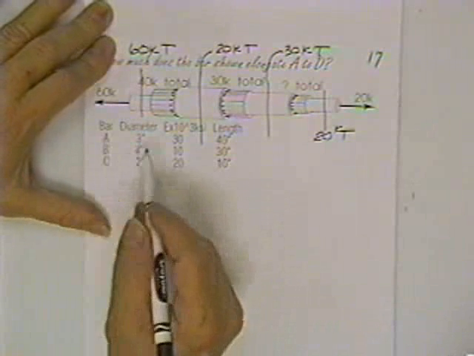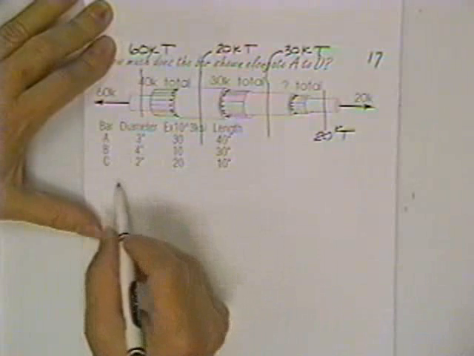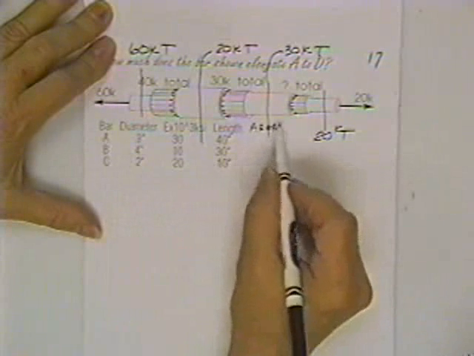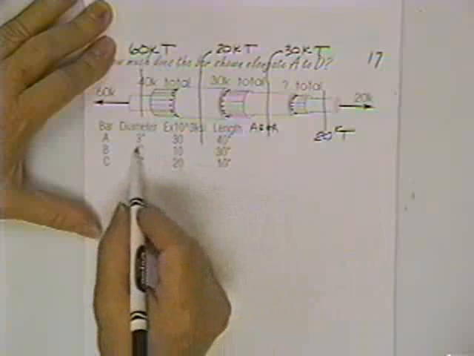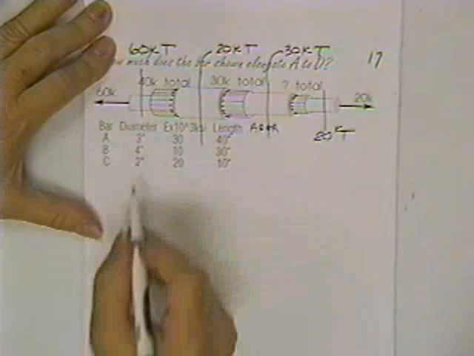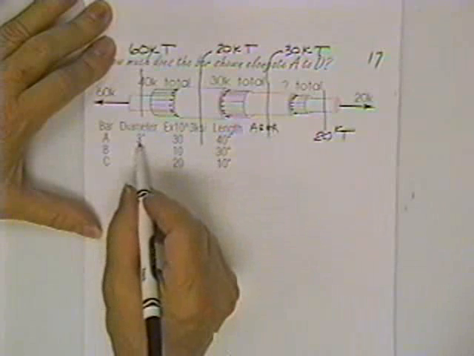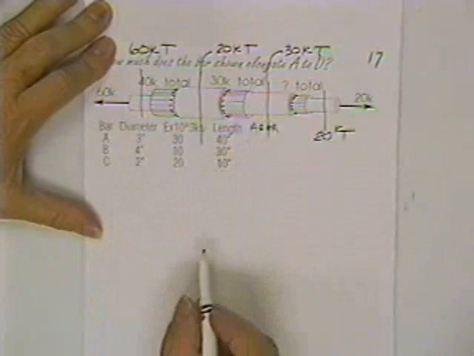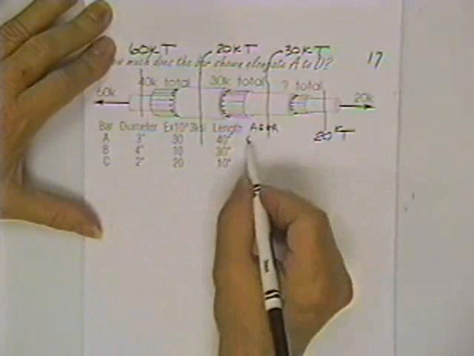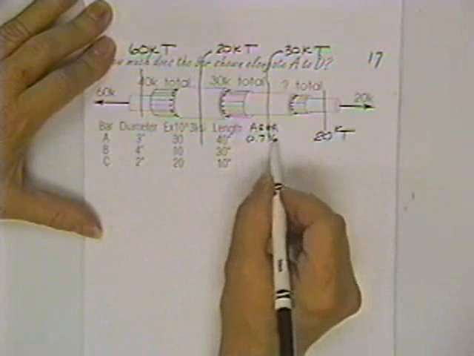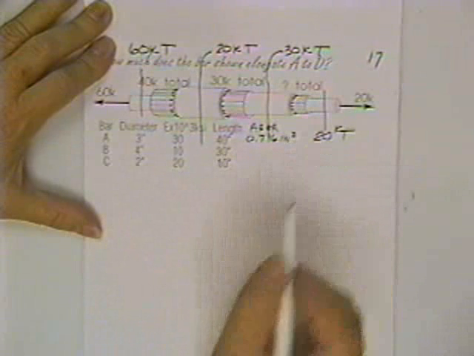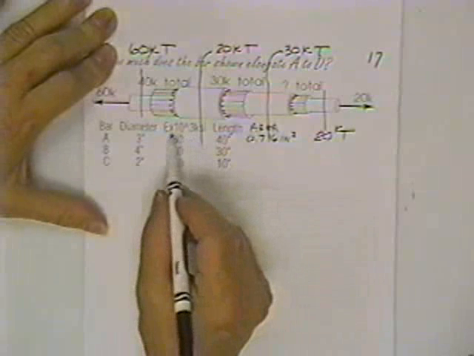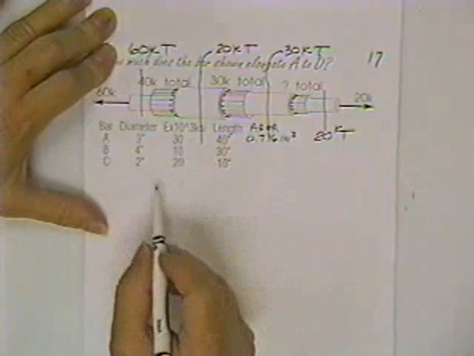Alright, now what we need is an area for each one of these things. He told us the diameter, so the area is equal to pi times 3 squared over 4. What do you get for the area of the first one? 0.716 square inches. Oh yeah, here's his E right here.